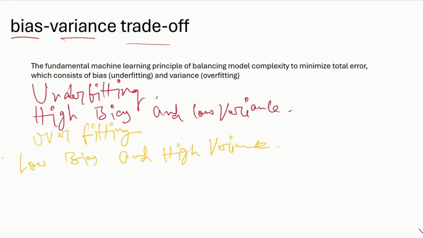We already discussed that we have two types of data sets, one is training data and the other is testing data. I've already discussed this in my channel, but I'll explain it very quickly.